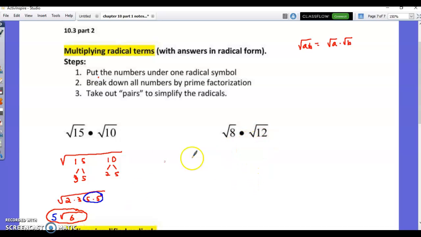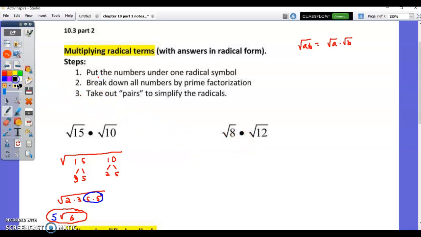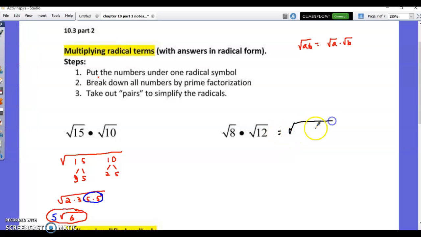So the same idea here. And even if there are variables or anything else, we're just listing the variables out. We're just looking for pairs of numbers that will come out of that radical. So let's think of it like this: the square root of 8 times 12.